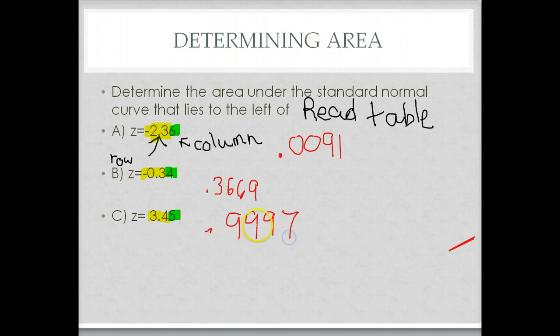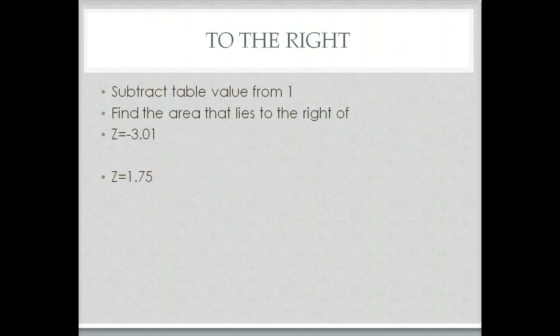So remember, anytime you're finding the area to the left or less than, you're going with the area right off the table. We want to read it directly off the table. When we go to the right, or find areas bigger than, we have to realize the table always tells us the area to the left. I can find the area to the right quite easily by just subtracting my value from 1. So first I do need to find the area off the table. Negative 3.01: negative 3.0 is my row, 1 is my column.